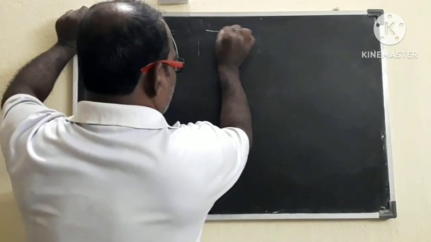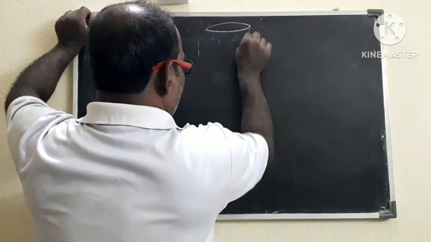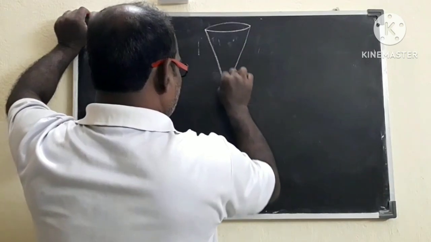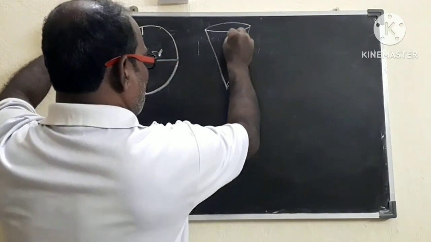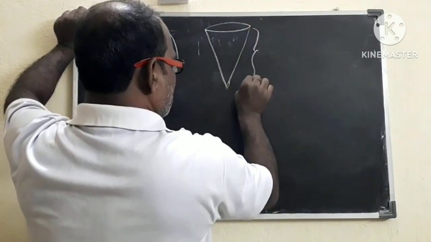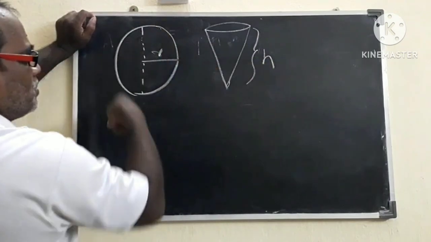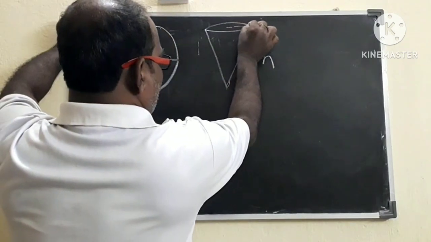Similarly, we take a cone of height h, which is equal to this 2r, and radius r.